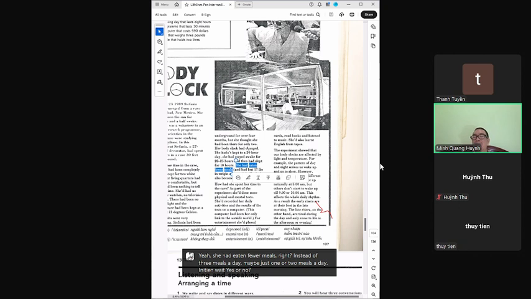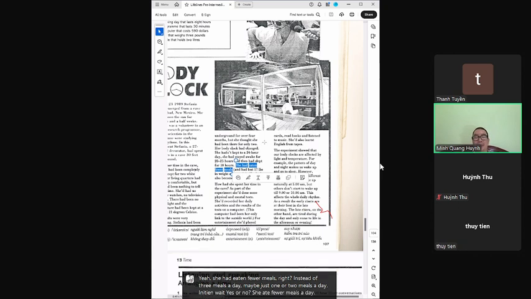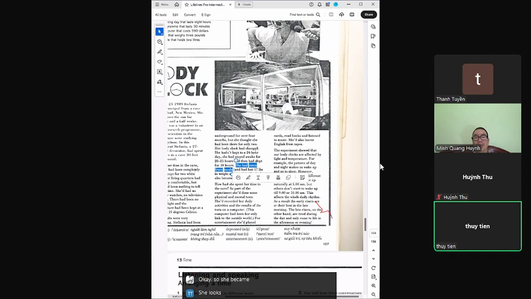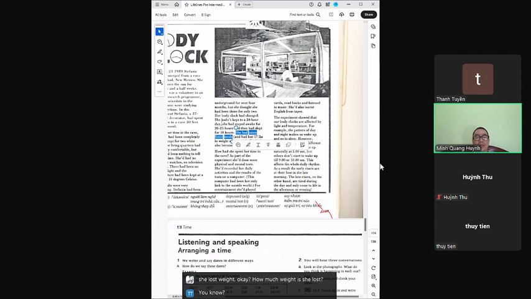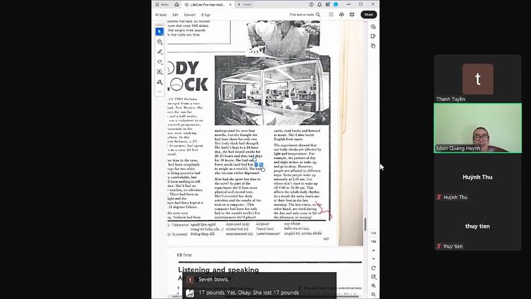No. She ate fewer meals a day, so she lost weight, okay? How much weight did she lose? 17 pounds. Yes, okay. She lost 17 pounds, right, after 4 months. Okay, so that's sleeping, eating.